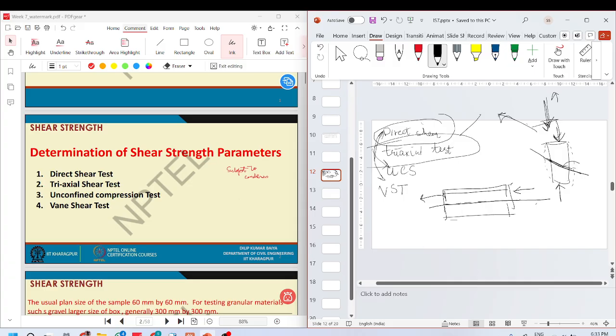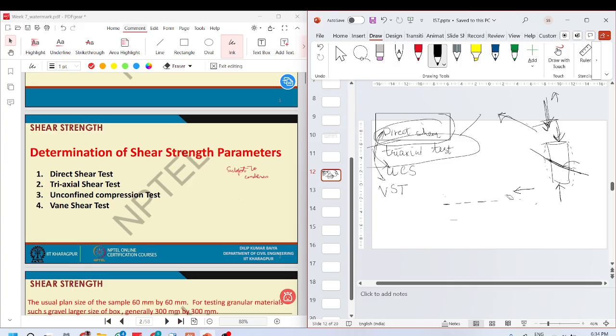So this becomes the failure plane, but it is not the natural failure plane the soil would have chosen on its own. It is a forced failure plane. So the direct shear test will give you the C and phi values of the soil, but one limitation is that they are not the intrinsic values.